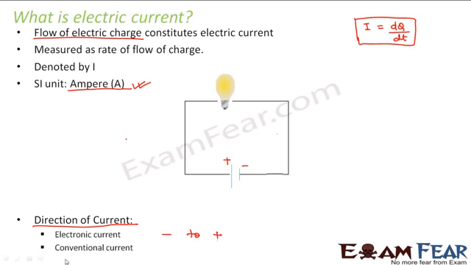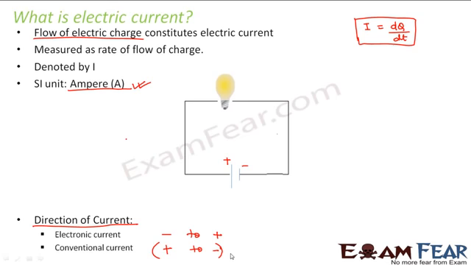But the direction of conventional current is considered opposite to the direction of electronic current, that is from positive to negative. Now conventional current is what we use everywhere. So wherever we say that current is flowing in the circuit, we mean that conventional current is flowing from the positive terminal of the battery towards the negative terminal of the battery.